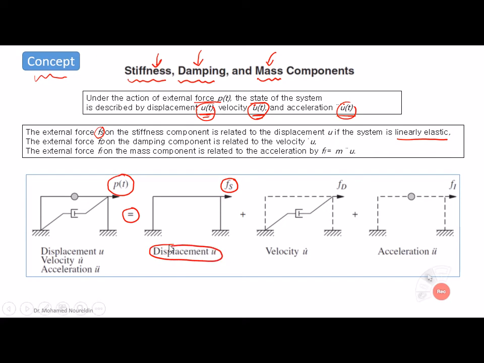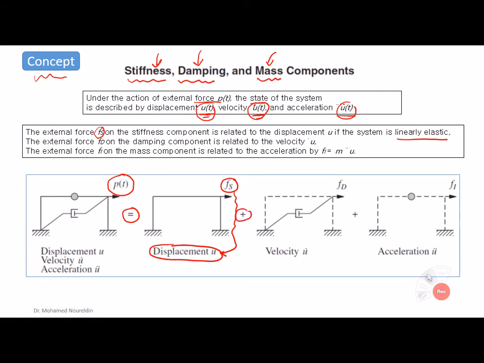So we're going to assume that our system equals the system with stiffness, without mass and without any kind of damping, and we apply on it Fs. In this case, this force is related to u, the displacement of the system.